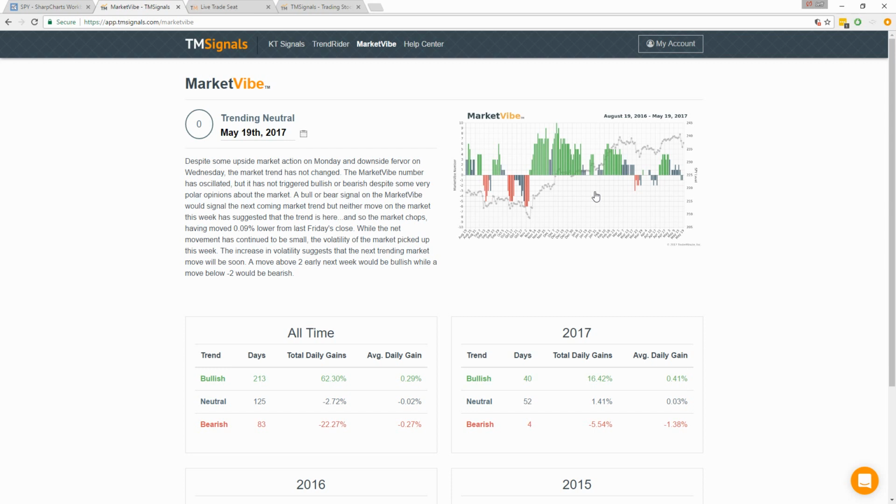But the MarketVibe is not based on the price of the market and what it's doing around moving averages and what different technical indicators say. The MarketVibe is based on market internals. It's based on things like the bullish percent index, like the volume flows in and out of the market, like the number of stocks trading around moving averages, 3-day, 7-day, 20-day, 50-day. It's based on how international stocks are trading.